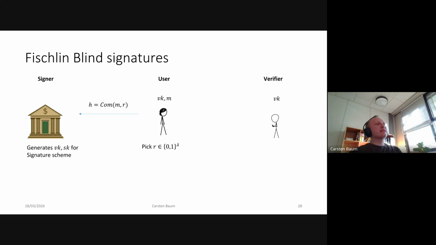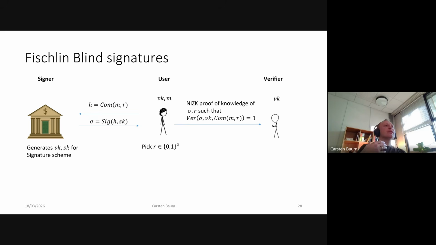Now, the great thing is this will not reveal any information about the message to the signer because it's a commitment. The signer signs the commitment and returns it back to the user. So the user gets a signature on this commitment H here. And now what is my blind signature?